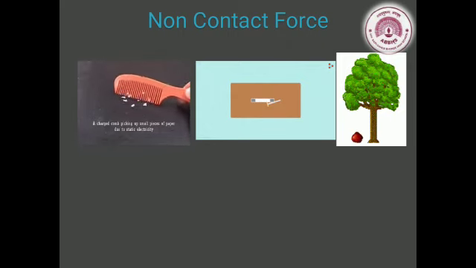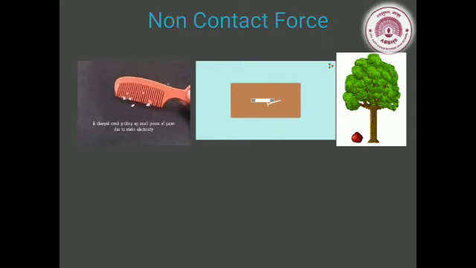Here, the comb has an electrostatic charge and there is an induced opposite charge on the pieces of paper. The force exerted by the comb on the pieces of paper is called electrostatic force and is a non-contact force.